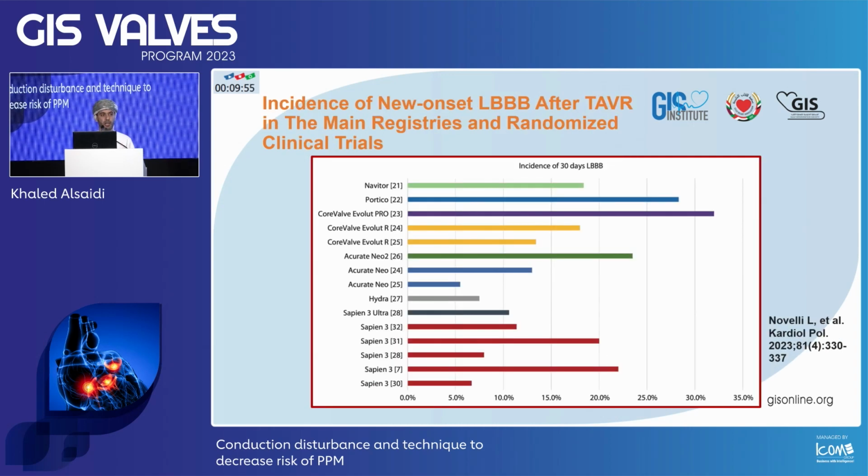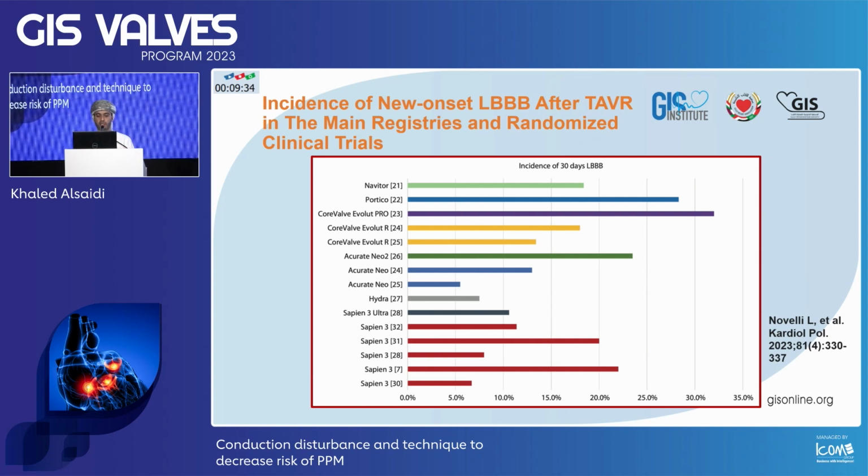I have to show you this slide because this is showing the incidence of new left bundle branch block after TAVI in main registries and RCTs for different devices. In general, you see that self-expanding valve has a little bit higher risk as compared to balloon expandable valves.